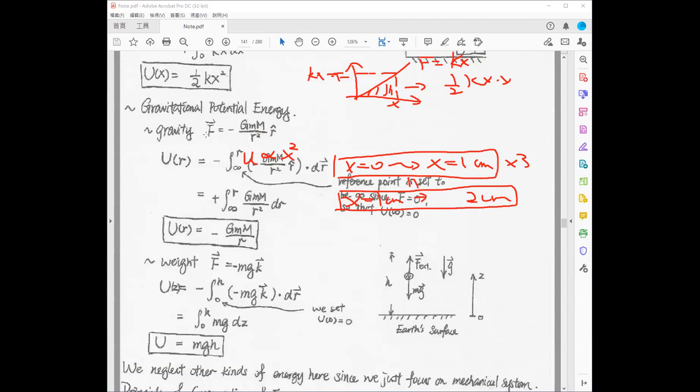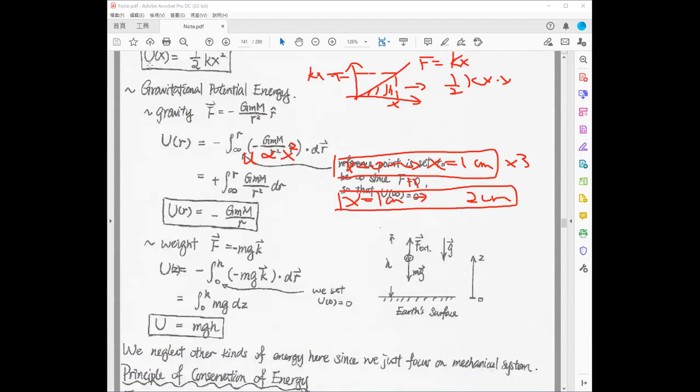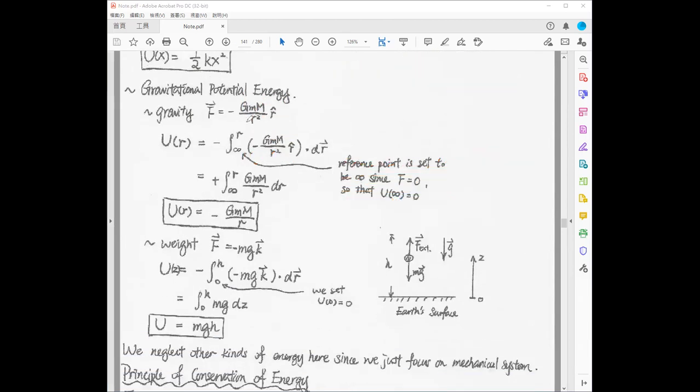The next one is the gravitational potential energy. We use this formula for gravitation when we are talking about a celestial object, or when the object is very far away from the Earth's surface. So most likely we're not considering this one right now. Most likely we are talking about an object with a constant weight, that is mg.